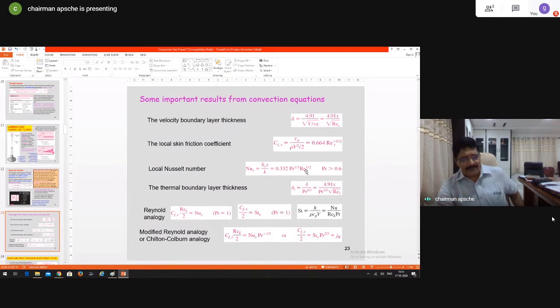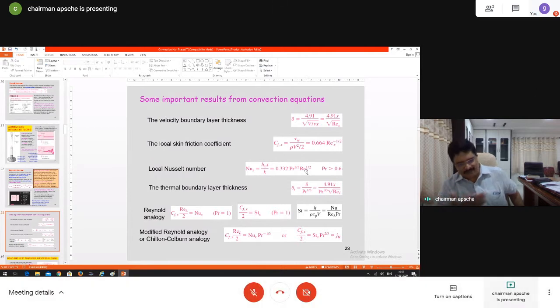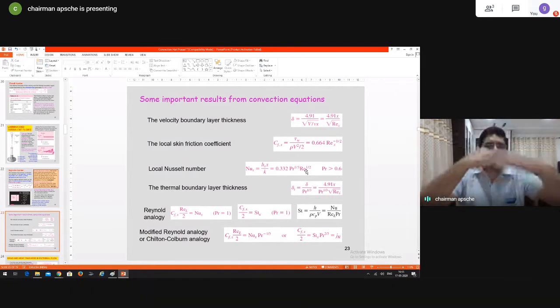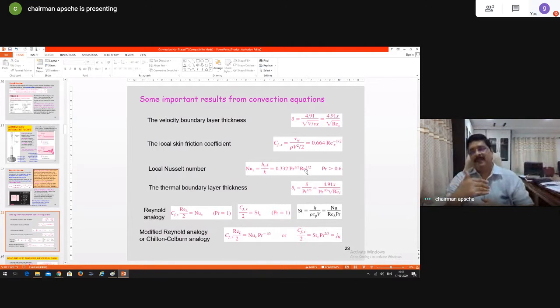When Prandtl number is less than 1, greater than 1, or equal to 1, you can very easily understand the boundary layers, thermal boundary layers. When Reynolds number is low, you can assume that the fluid flows laminar. When Reynolds number is greater, you assume turbulent flow.